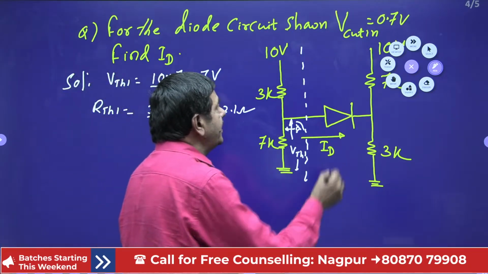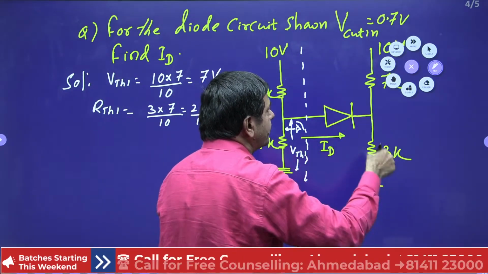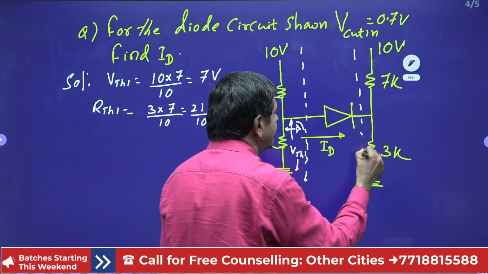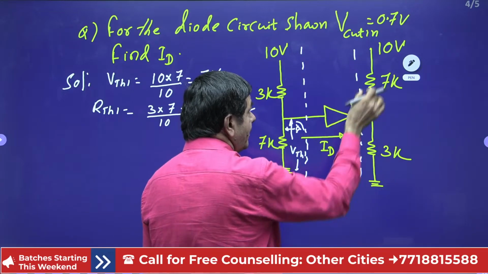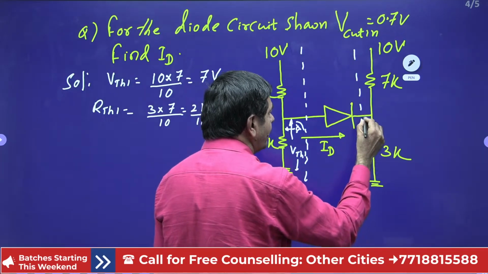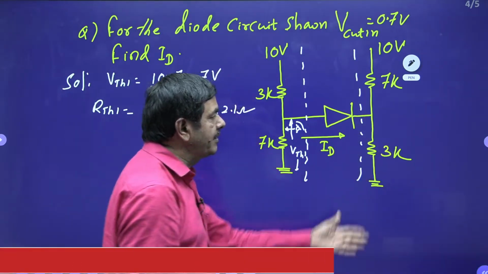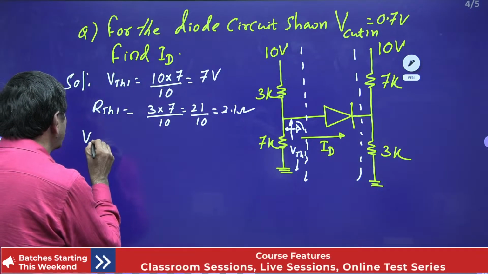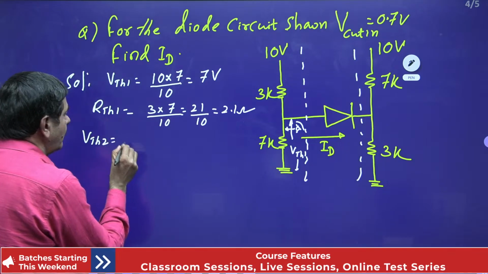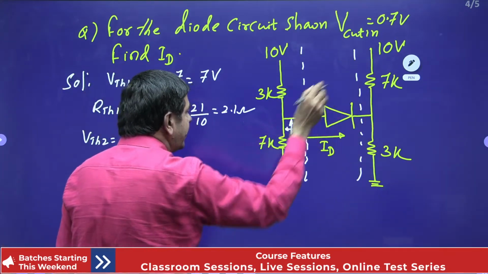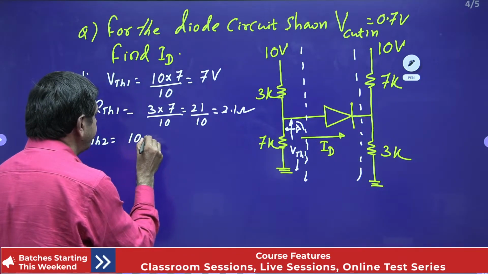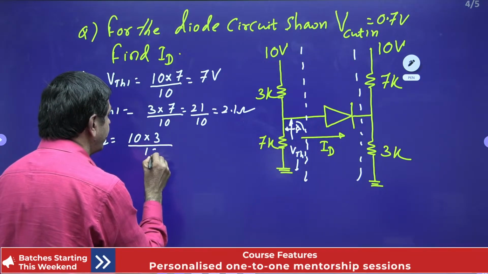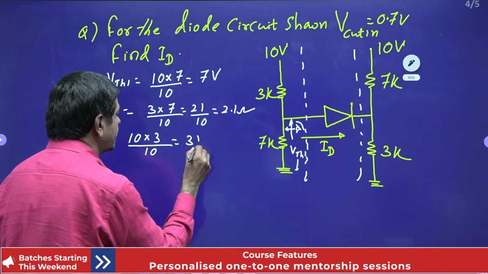In the same way, I want to simplify this also. This side is open circuit. By using this network, I want to find VTH2. VTH2 is nothing but the voltage across 3K, which is 10 into 3 by 7 plus 3, 10. I get 3 volts.